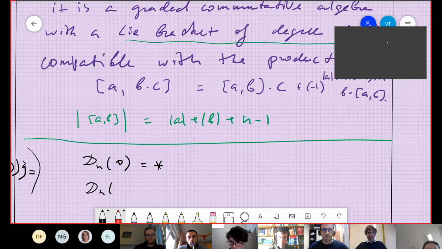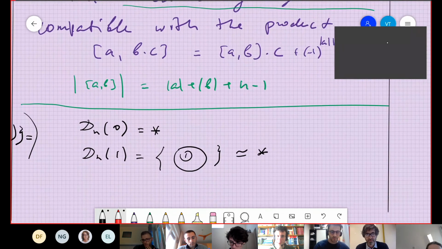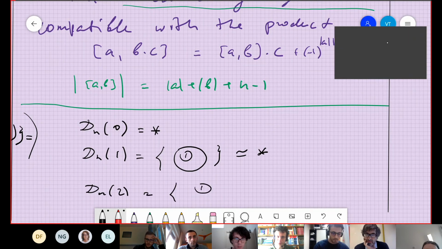Dn of 1 is actually a constructible space. It's a configuration space of just one disk, right? And this space is constructible, so it's homotopy equivalent to a point. It's not a point, it's homotopy equivalent to a point. And Dn of 2 is homotopy equivalent to configurations of 2 points in Euclidean space, or 2 disks in a unit disk.